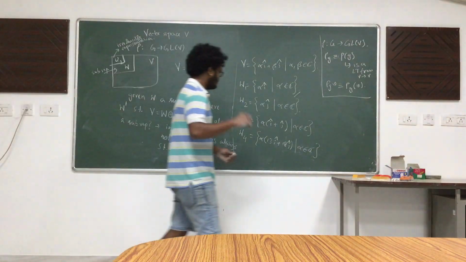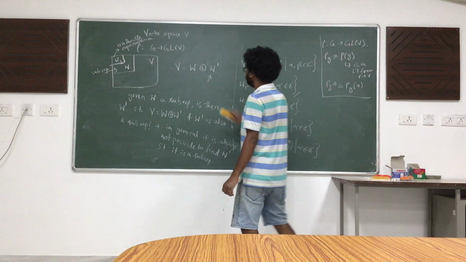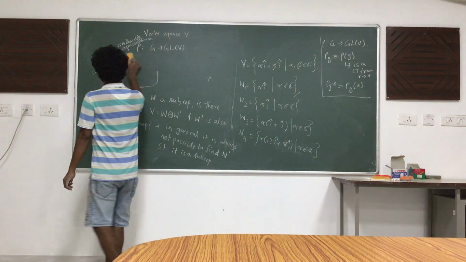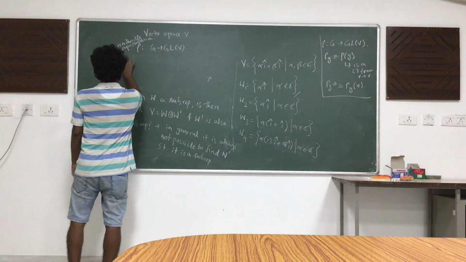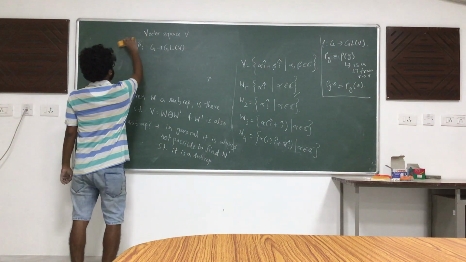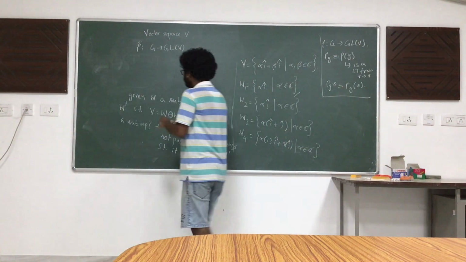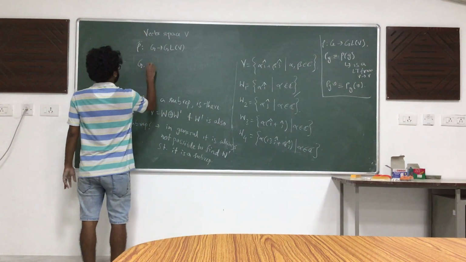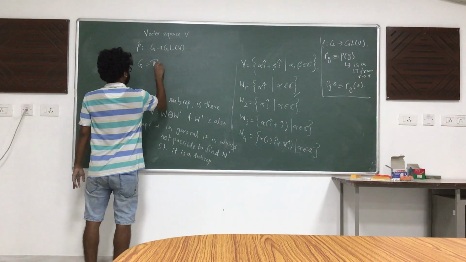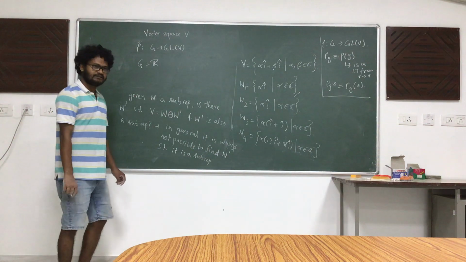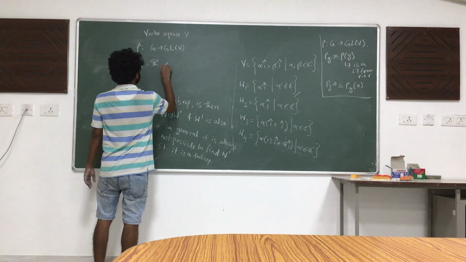One example would be the one we gave last time. We will not prove that example. Let us say G is the group of real numbers under addition. Okay.